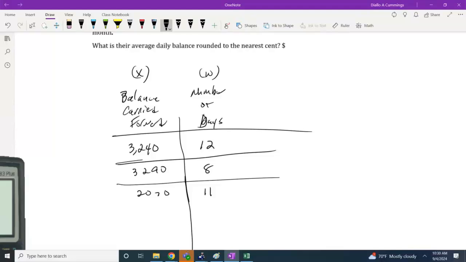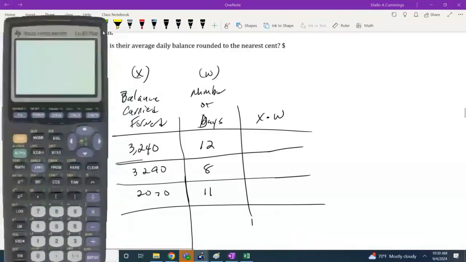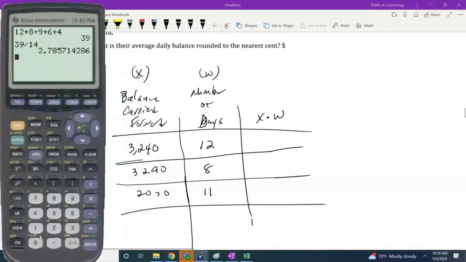So we're basically going to do the same thing. We're going to find the summation, well, we're going to find X times W. So we're going to multiply going across. 3,240 times 12 is 38,880.